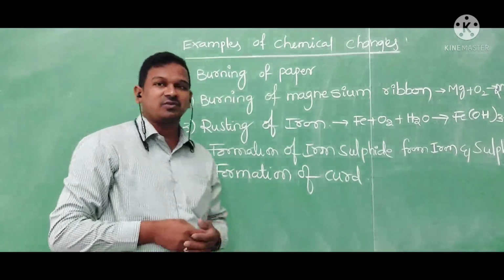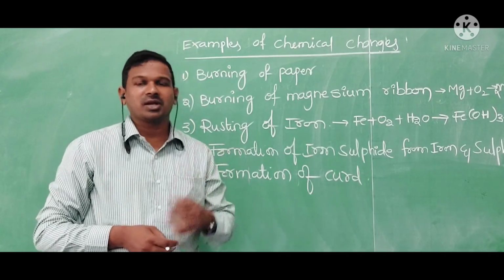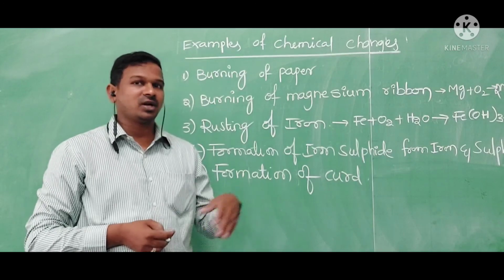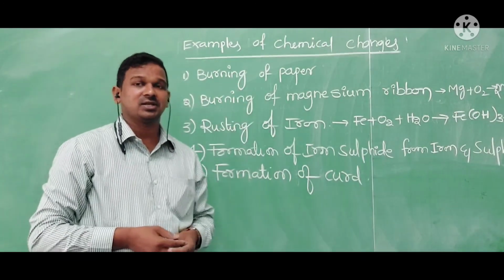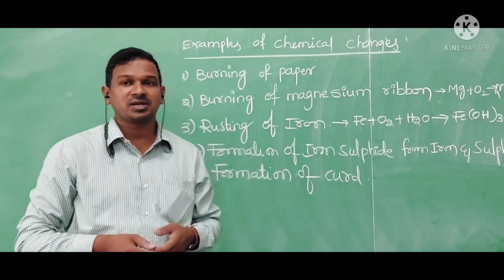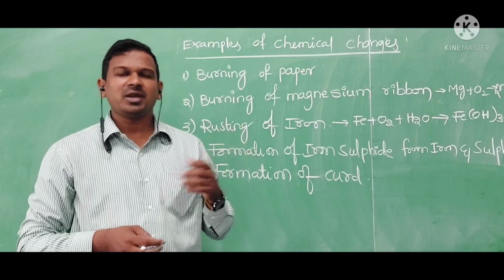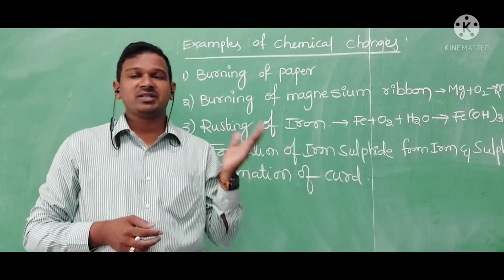Next one is formation of curd. As you know, from milk we can form curd with the help of lactic acid. So it is a permanent change. We cannot bring that milk back. So these are some examples of chemical changes. There are many examples of chemical changes, like burning of food and digestion of food, which cannot be brought back to the original shape or previous state.